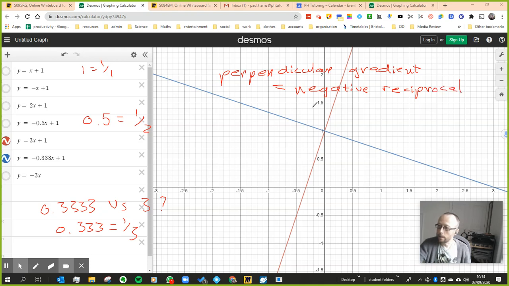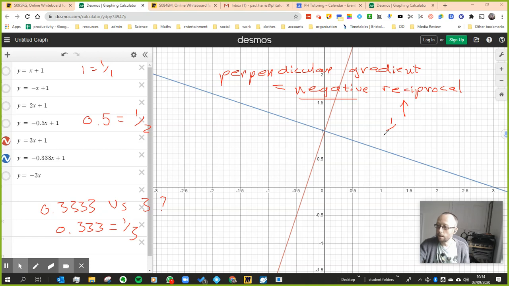I'll explain those words. We know what negative means already. It just means it's negative, right? But obviously, vice versa, if the gradient was already negative, then the negative of the negative would be positive. So what's the perpendicular gradient of this? Well, the negative of minus 1 would be plus 1. The reciprocal just means 1 over whatever it is.